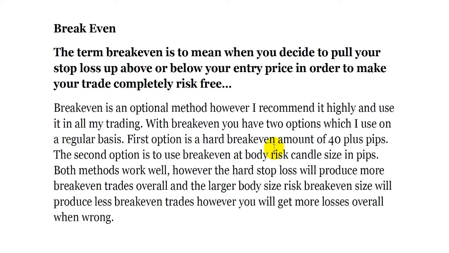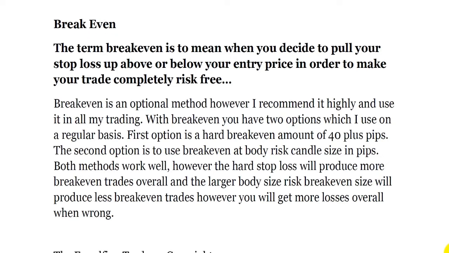However, the hard break even will produce more break even trades overall, and the larger body size risk break even will produce fewer break even trades. However, you will get more losses overall when wrong. It's a quick, easy summary on the topic. Let's have a look at this as an example.